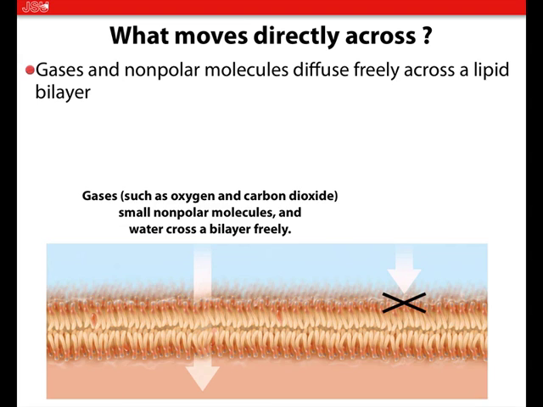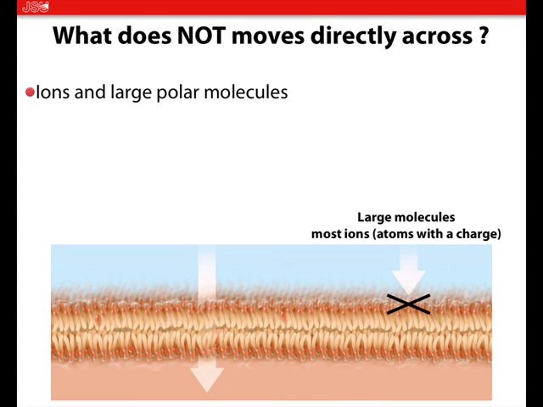So that's what moves through the membrane. What does not move through the membrane? Well, large molecules like glucose, a lot of ions like calcium and potassium, these simply cannot move through the membrane alone. Okay? They have to have a channel. We'll talk about that coming up.